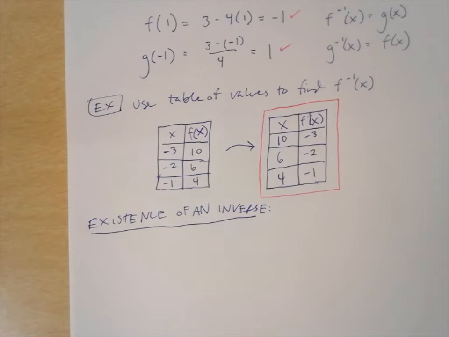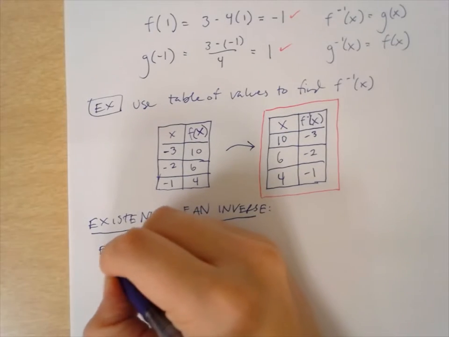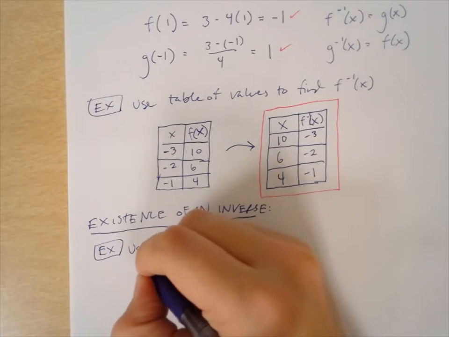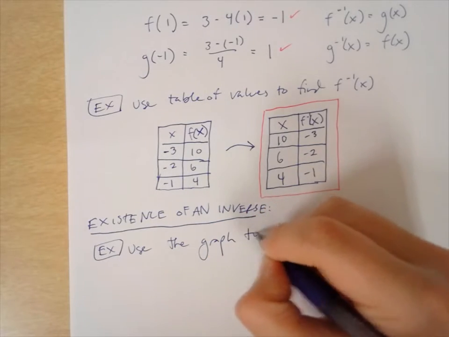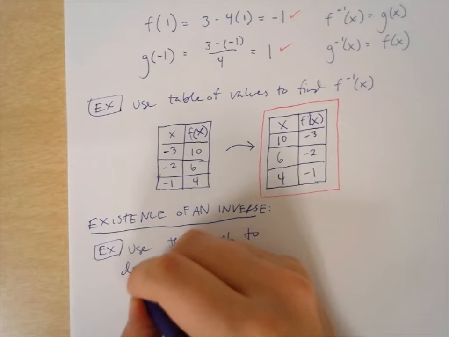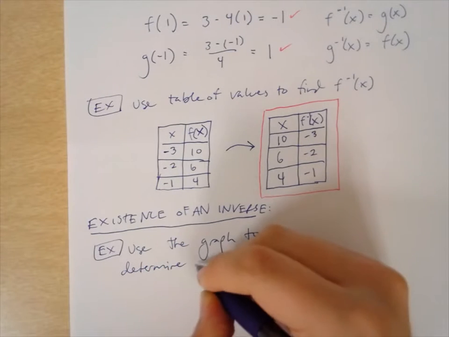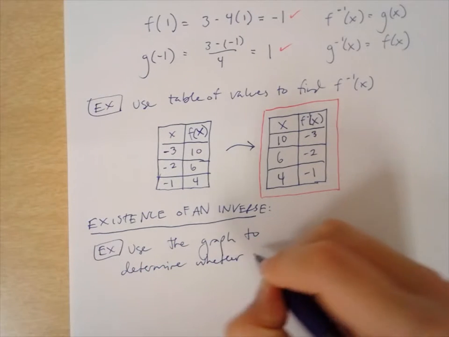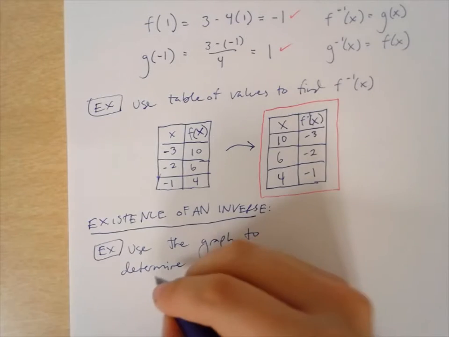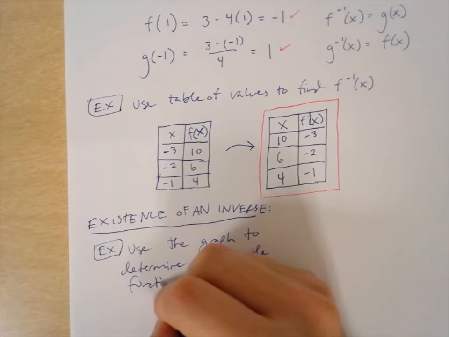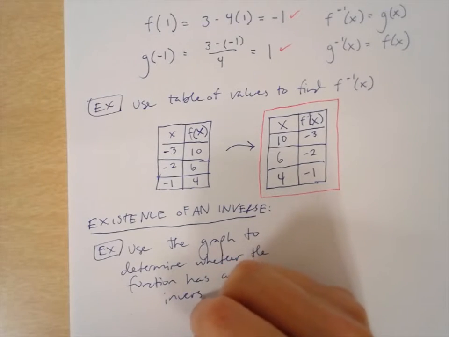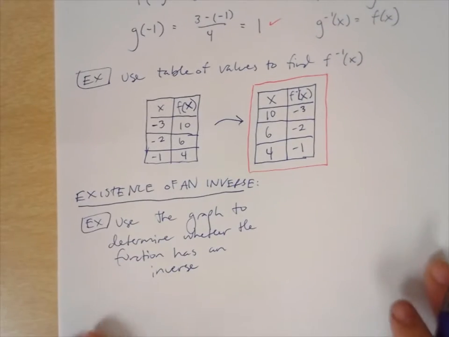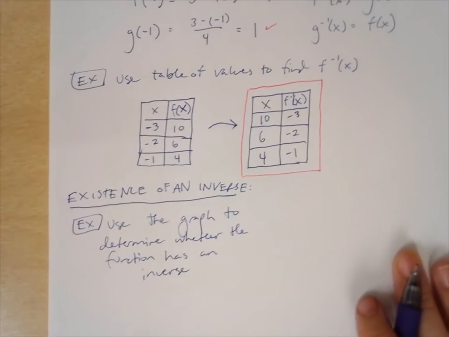So we're going to be asked to use the graph to determine whether the function has an inverse. All right, so we talked about algebraically, we talked about numerically, now we're talking about graphically.